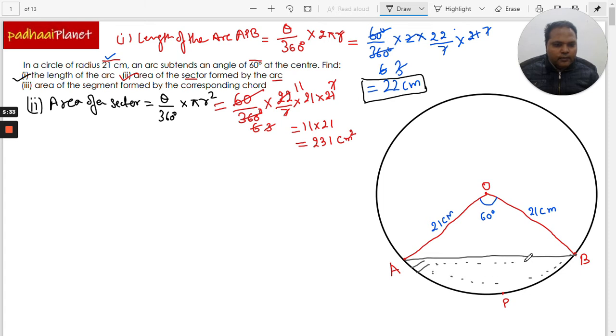This is the area formed by this chord, and we have to find the area of this part, right?